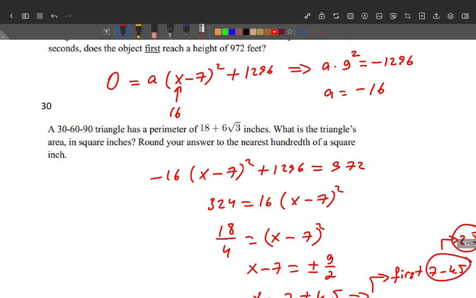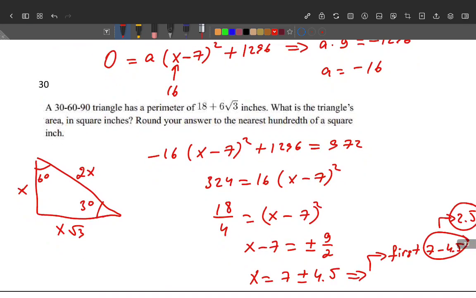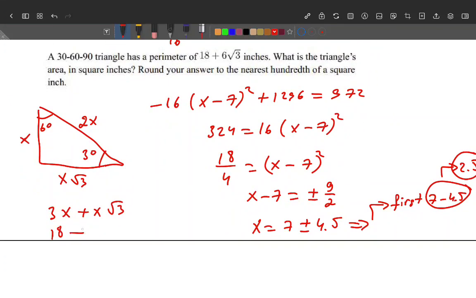The last question is a special triangle, 2x, x, and it will be x square root 3. All of them will be 3x plus x square root 3 is equal to this number.